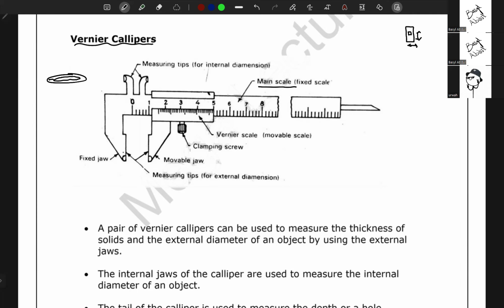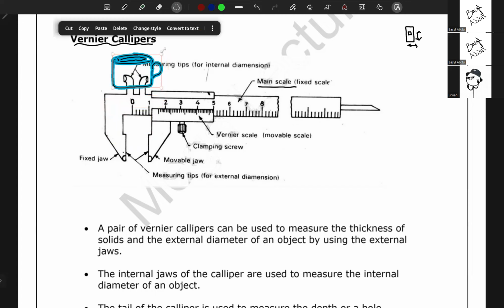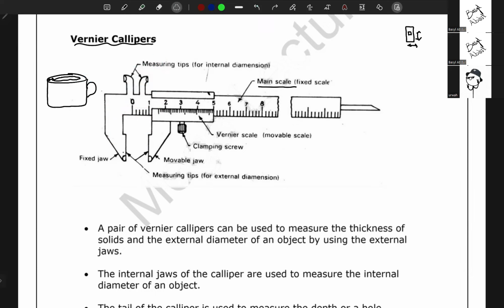There is some thickness to it. It's a mug or whatever. What I can do is place this mug upside down on this. I thought that I could rotate this, but apparently I cannot. So we'll just try to draw it upside down.